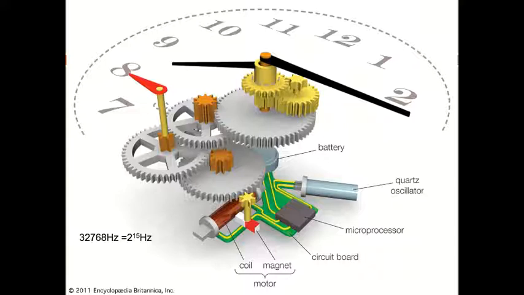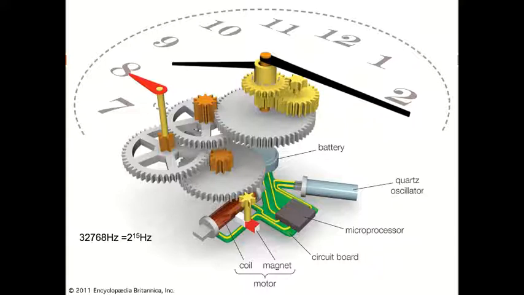This is the working principle behind quartz watches. So behind every mechanism, some beautiful concept is there. We are going to study some basic mechanisms in this module, Basics of Mechanism.